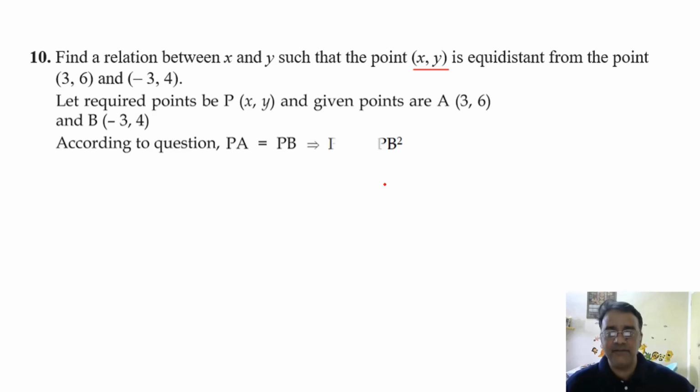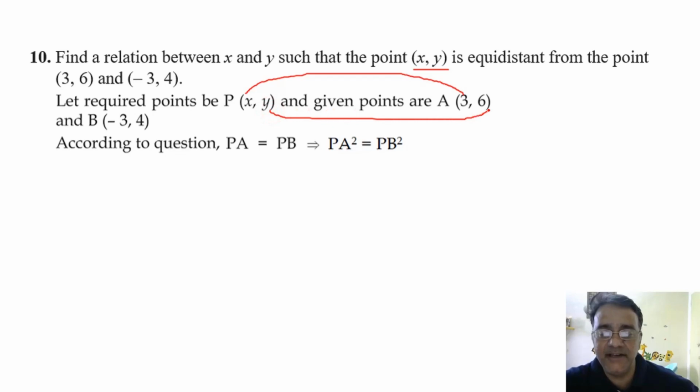So we'll take square first. Square लेने से रूट नहीं लिखना पड़ेगा. So PA, ध्यान से देखो, (x minus 3) whole square plus (y minus 6) whole square, or you can write reverse also. Now PB square, (x plus 3) whole square plus (y minus 4) whole square.